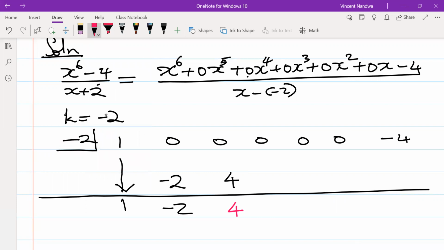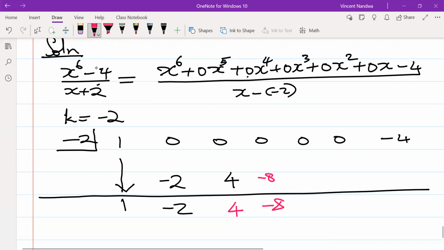You multiply negative 2 by 4, you get negative 8. Then you add, you get negative 8. And then you multiply negative 8 by negative 2, you get 16, a positive. You add, you get 16.